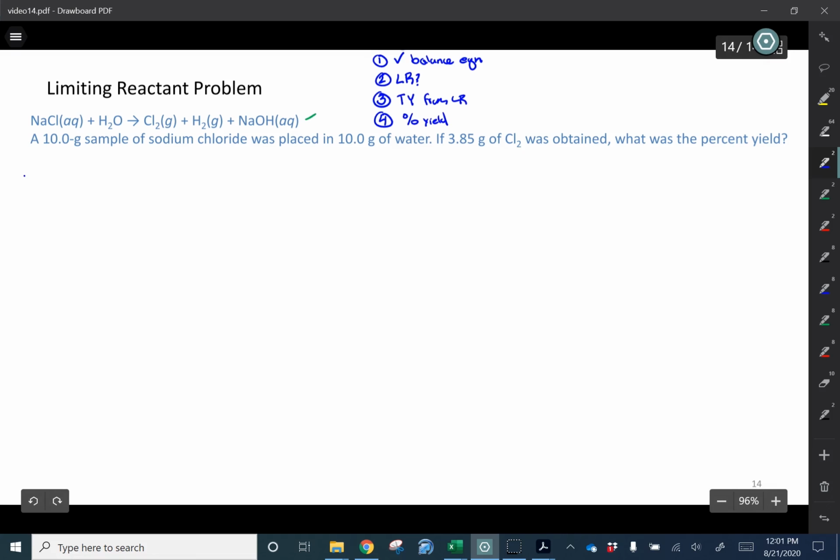Step 1, we're going to rewrite the reaction. And this should have been liquid. I'm sorry, I forgot to put that on there. We'll build our table. Reactants, products.